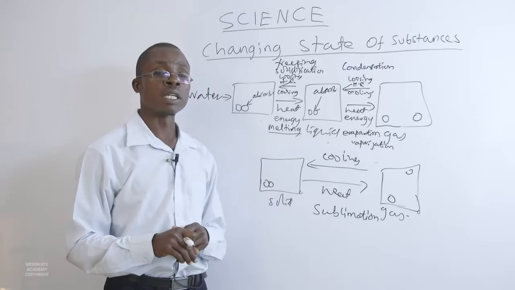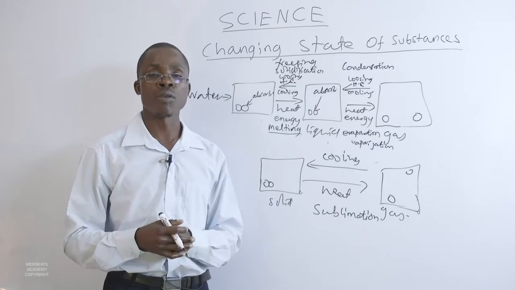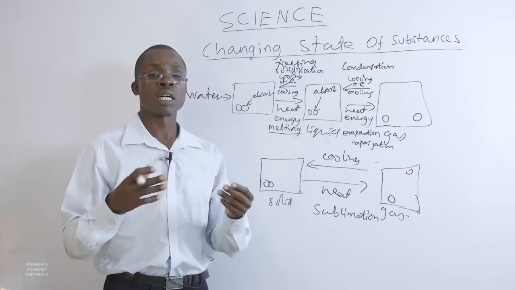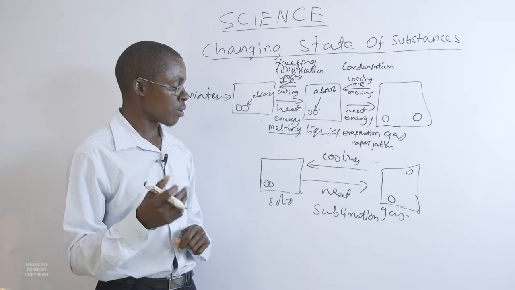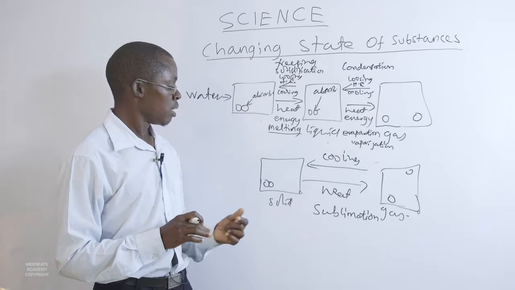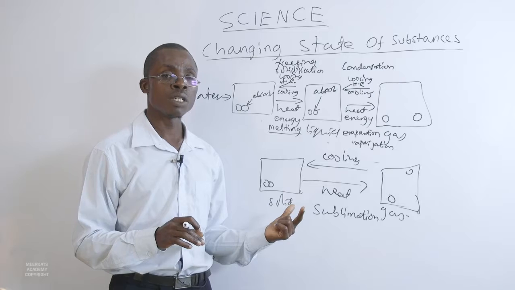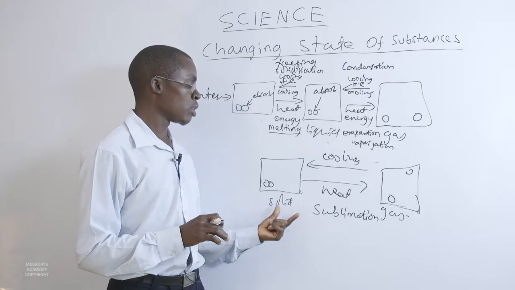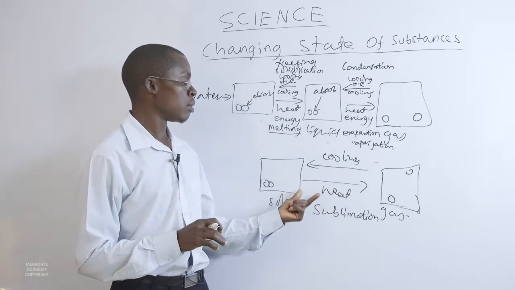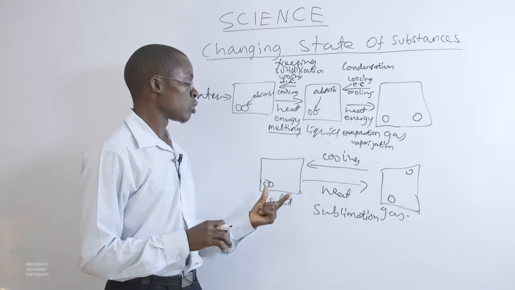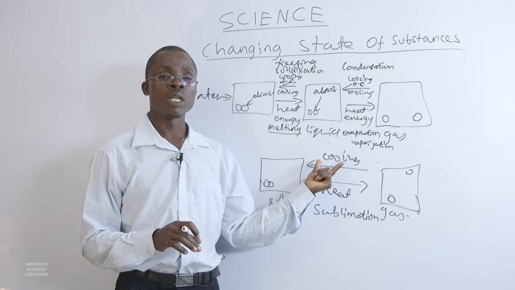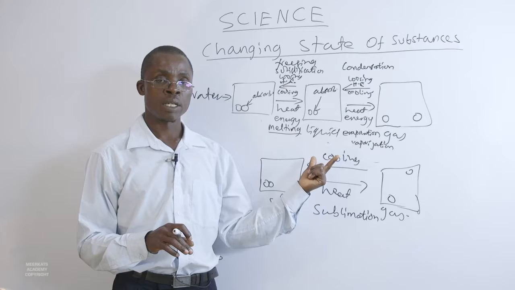We say that they exist in molecular form, something that we shall discuss in more detail later on in our science classes. So they only require a small amount of heat energy and they turn directly from solid to gas. The same from gas to solid when cooling is done.